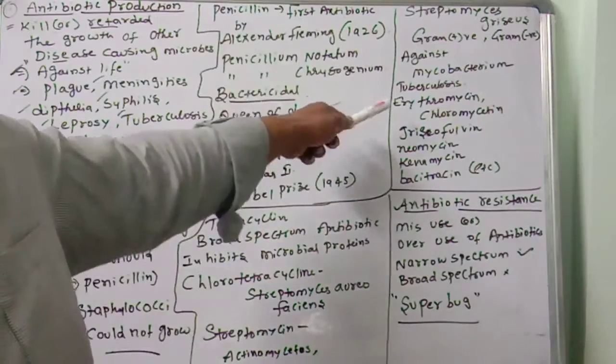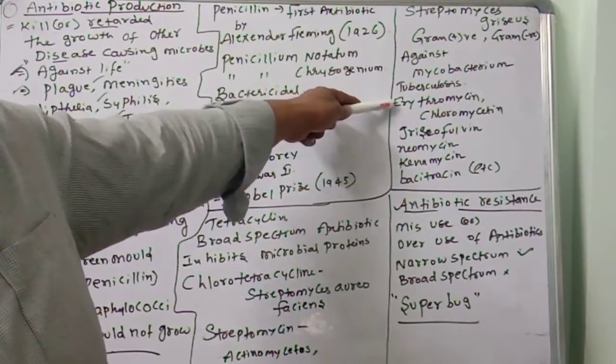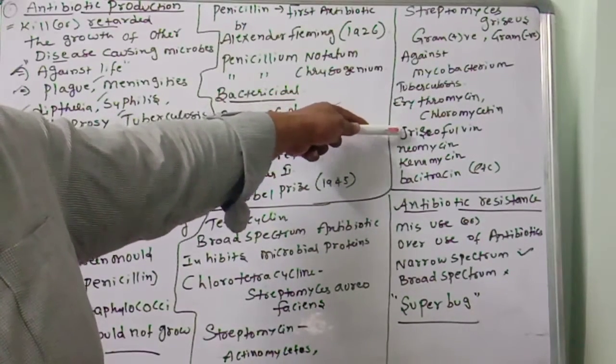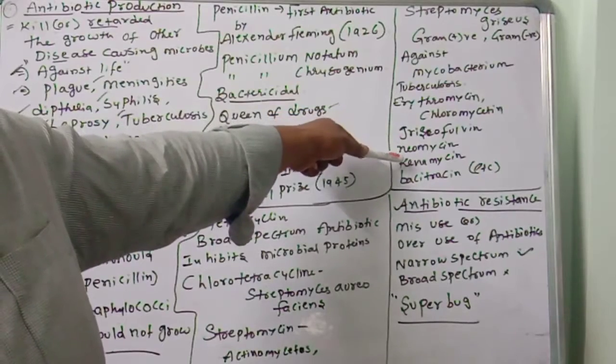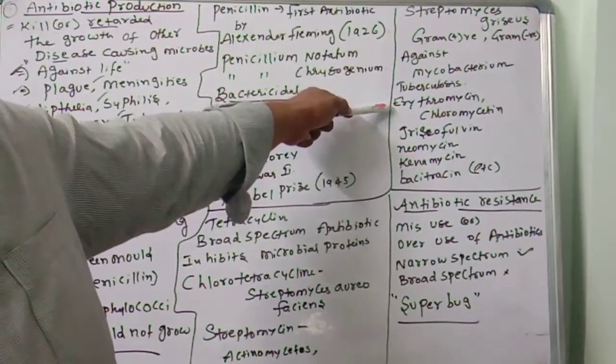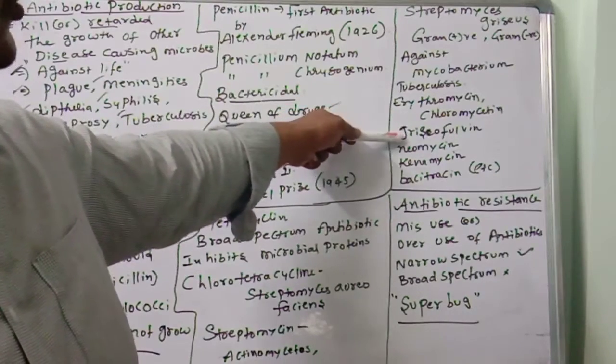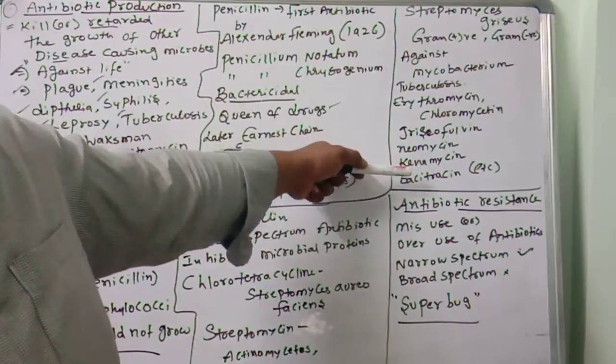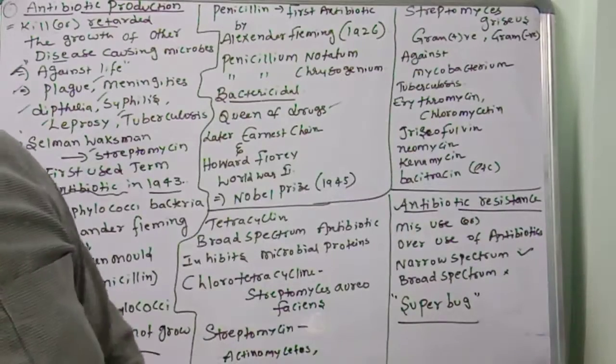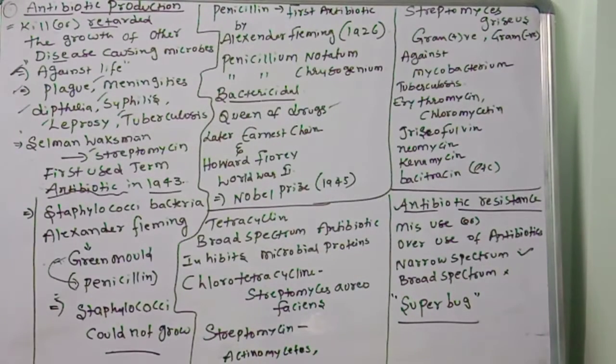Some more examples of antibiotics are erythromycin, chloromycetin, griseofulvin, neomycin, kanamycin, and bacitracin.